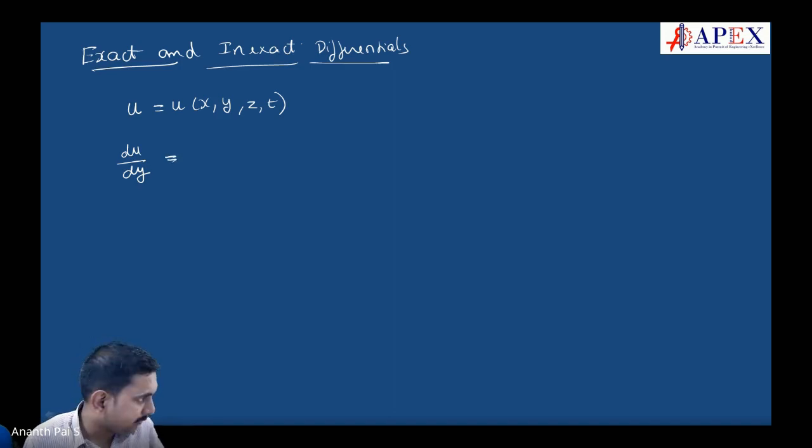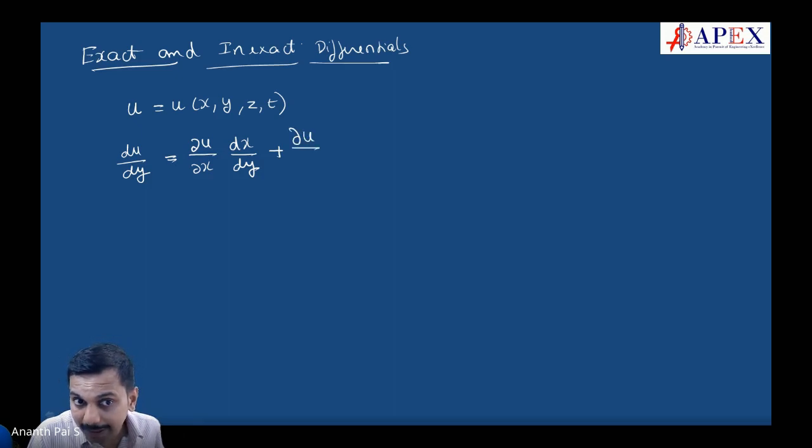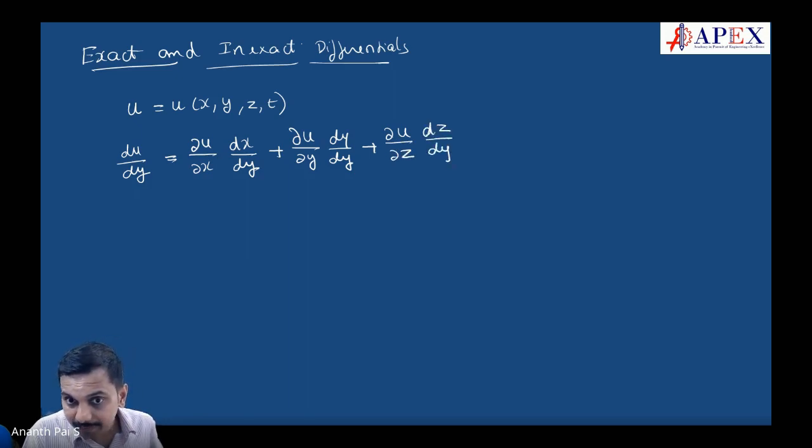You write du by dy as partial u by partial x into dx by dy plus partial u by partial y into dy by dy plus partial u by partial z into dz by dy plus partial u by partial t into dt by dy.